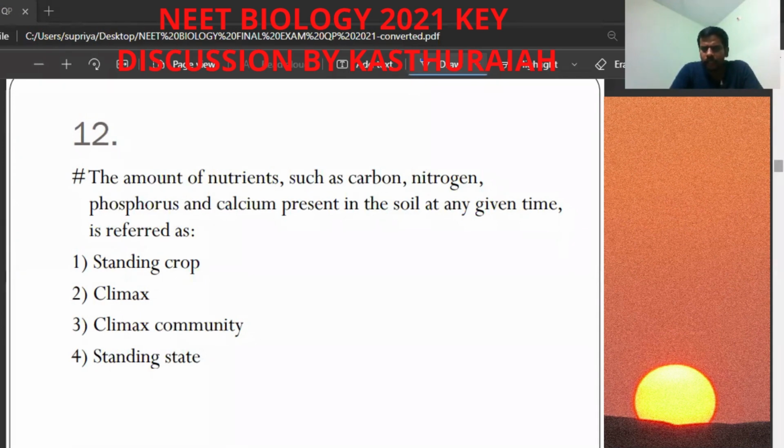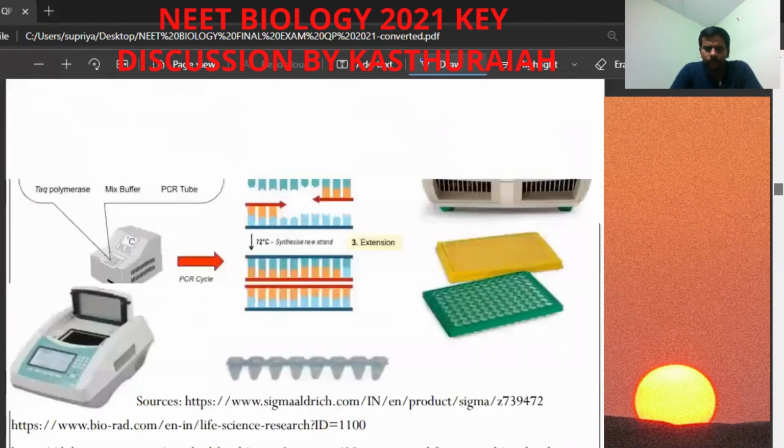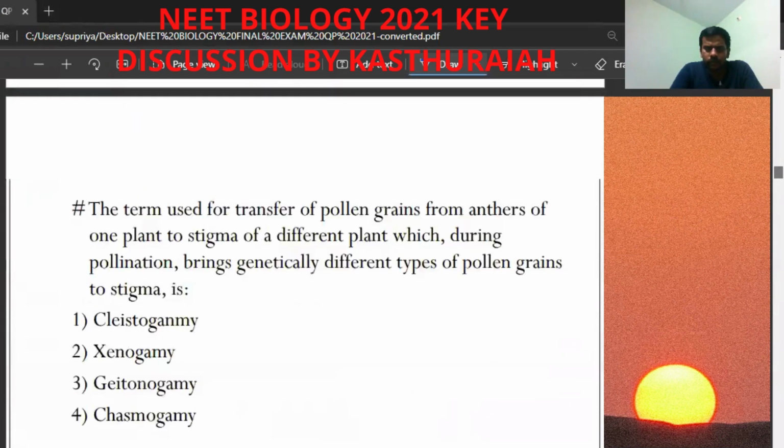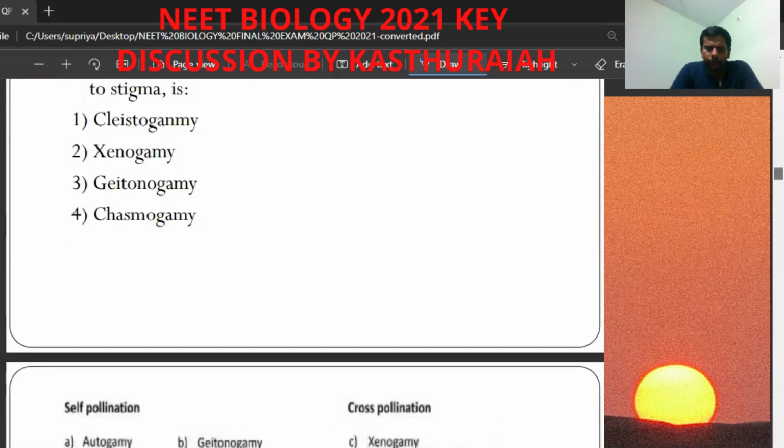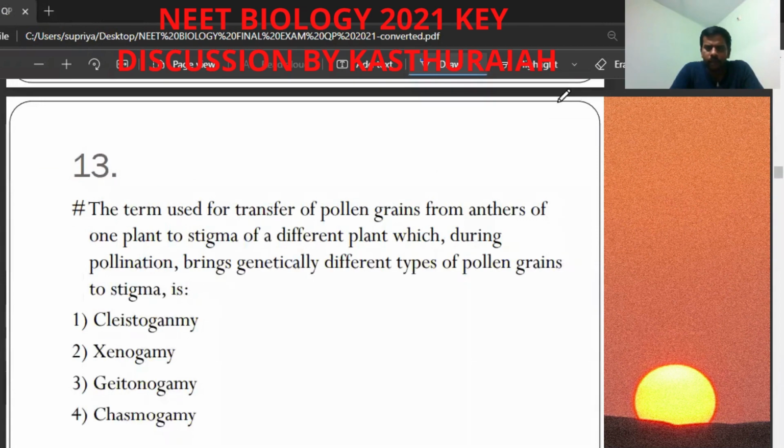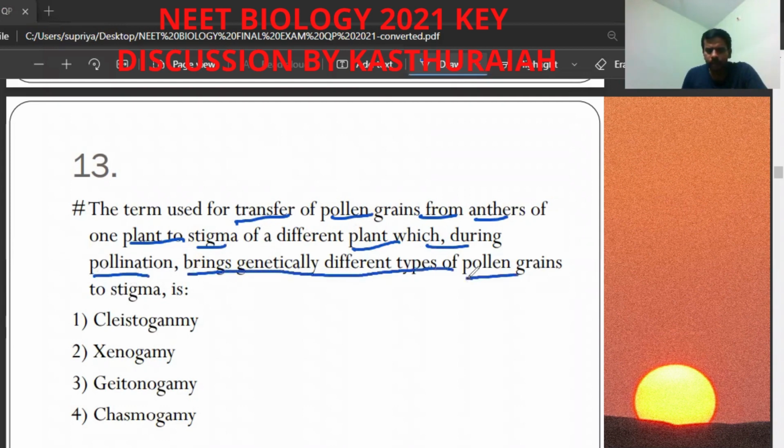Now see another question. Right. Okay. See the 13th question. The term used for transfer of pollen grains from anthers of one plant to stigma of a different plant, which during pollination brings genetically different types of pollen grains to stigma, is.